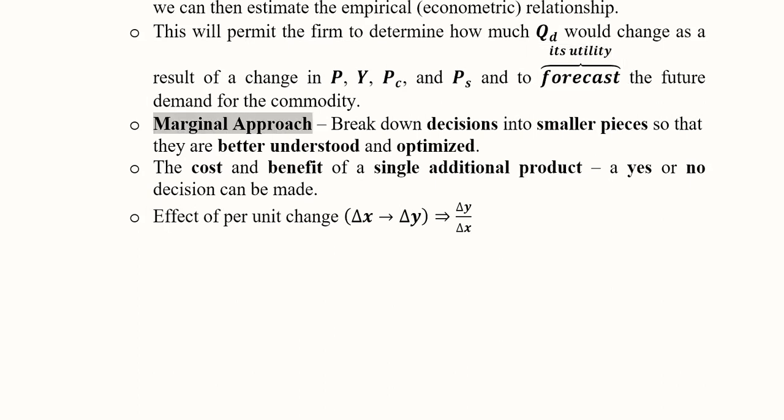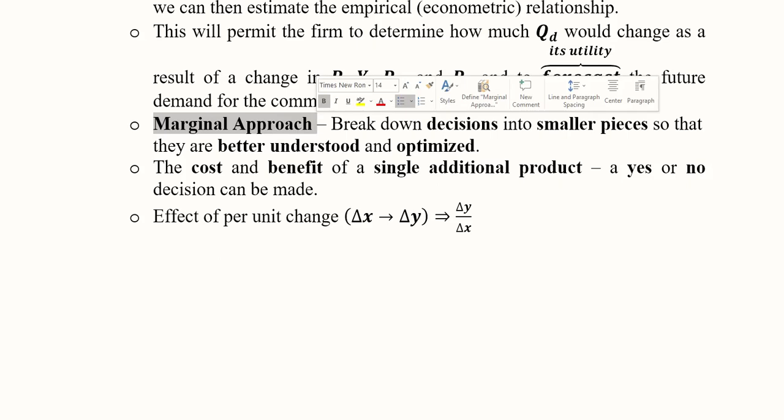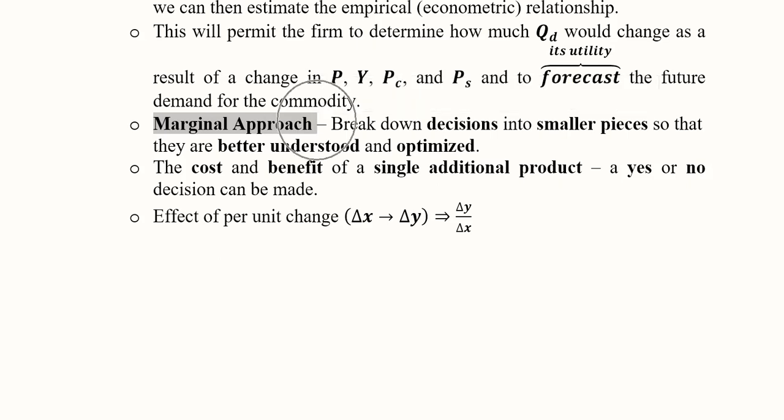Now this is a very important concept in our economic analysis. This is known as the marginal approach. There is another approach which is the totalistic approach, but we focus on the marginalistic approach, which is quite meticulous and relatively better than the totalistic approach.